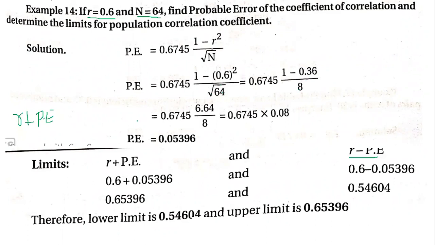Now 0.6745 into 1 minus 0.36 will give you 0.64. It's not 6.64, it is 0.64, divided by 8.